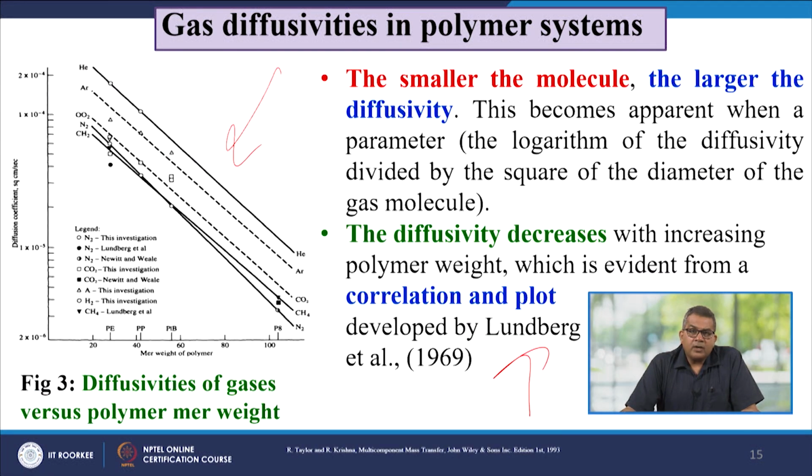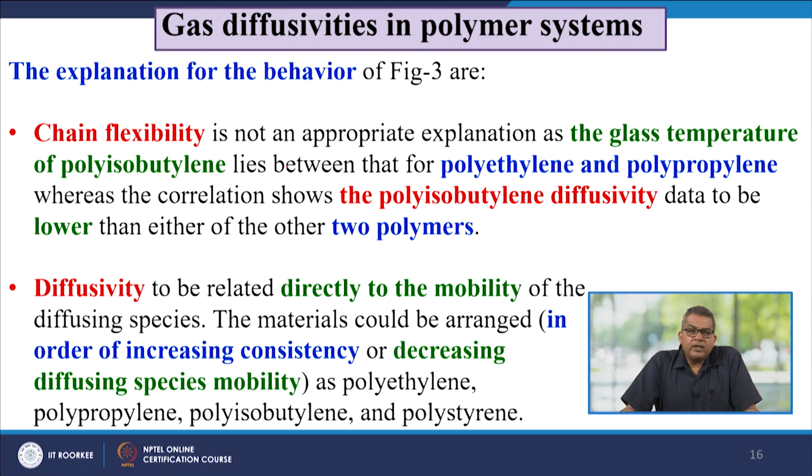Now, in the explanation of this figure, chain flexibility is not an appropriate explanation, as the glass transition temperature of polyisobutylene lies between polyethylene and polypropylene, whereas the correlation shows that polyisobutylene diffusivity data is lower than either of the two other polymers.